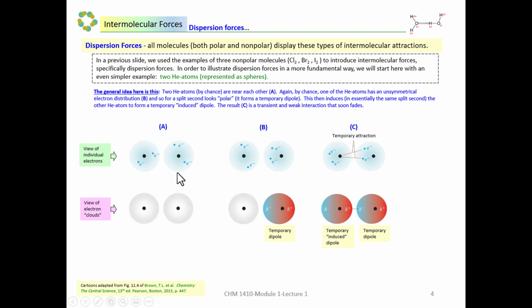But here we're claiming we could take a snapshot and see where they were at any instant. Now, suppose, again, by chance, that one of the helium atoms has an unsymmetrical distribution of electrons, and so for a split second looks polar.